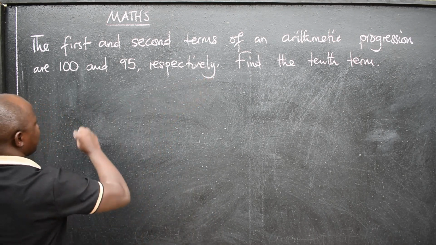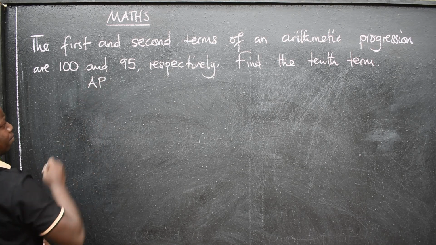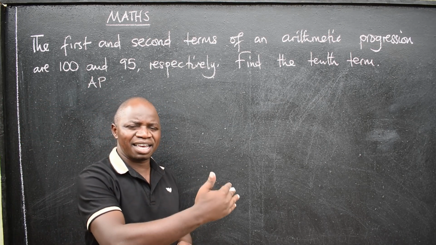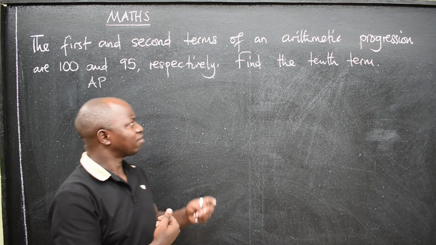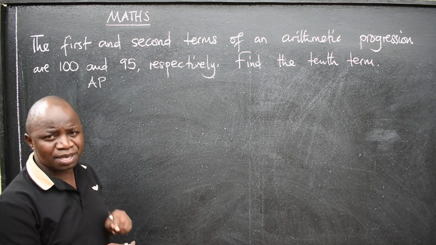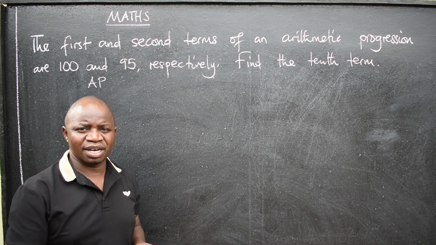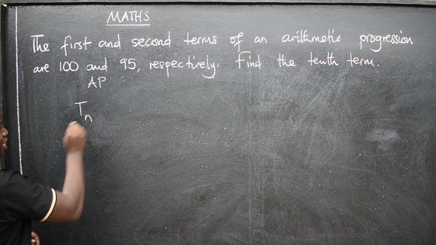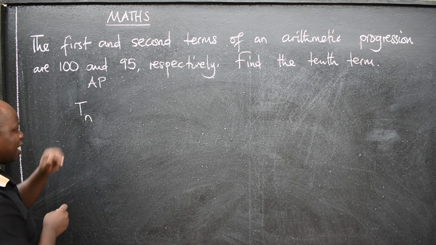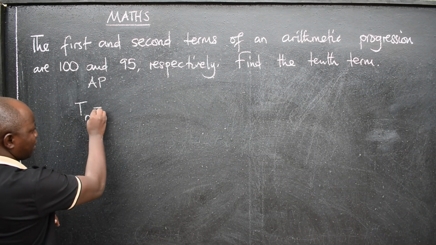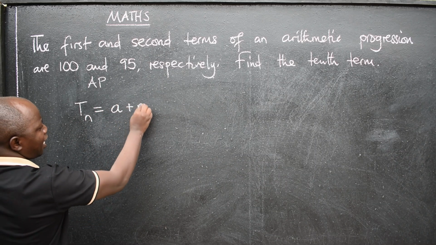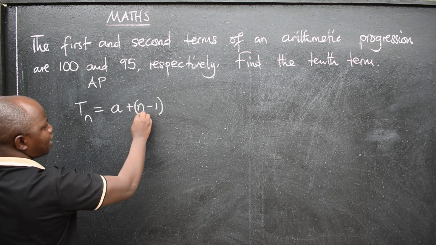So under AP, when you are finding the nth term of any AP, the formula is nth term, written like that, is equal to a plus n minus 1 d.